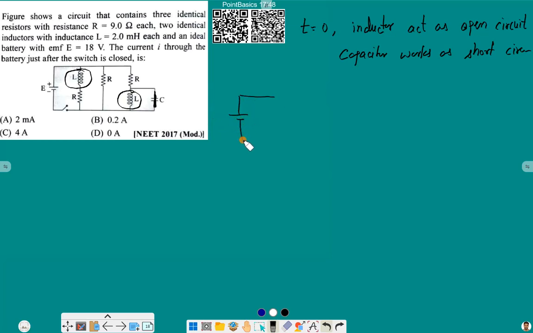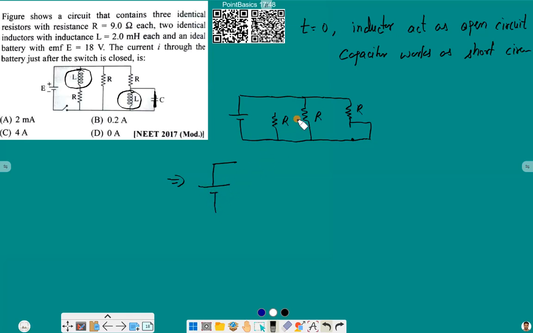We have a battery here, this path is broken, we have a resistance here, here the inductor will act as an open circuit, so this path is broken. Again we have a resistance here, and this path is again broken because of the inductor, but this path is connected due to the capacitor.